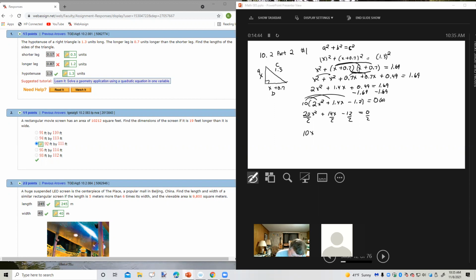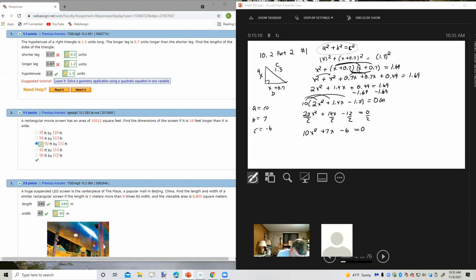So I've got 10x squared plus 7x minus 6 equals 0. Okay. Now, if we use the quadratic formula, a is 10, b is 7, and c is negative 6. Now, this a, b, and c is not the same as this a, b, and c. Okay, so don't get those confused.